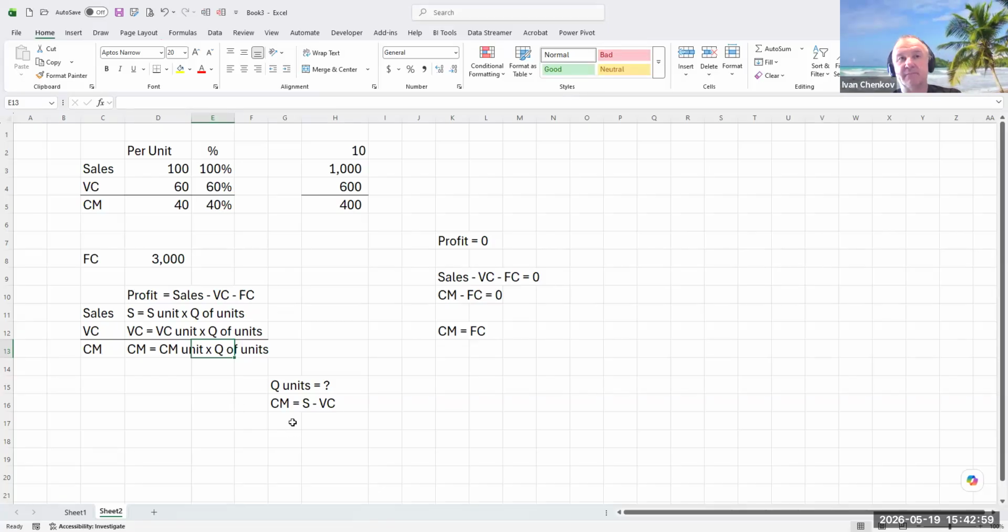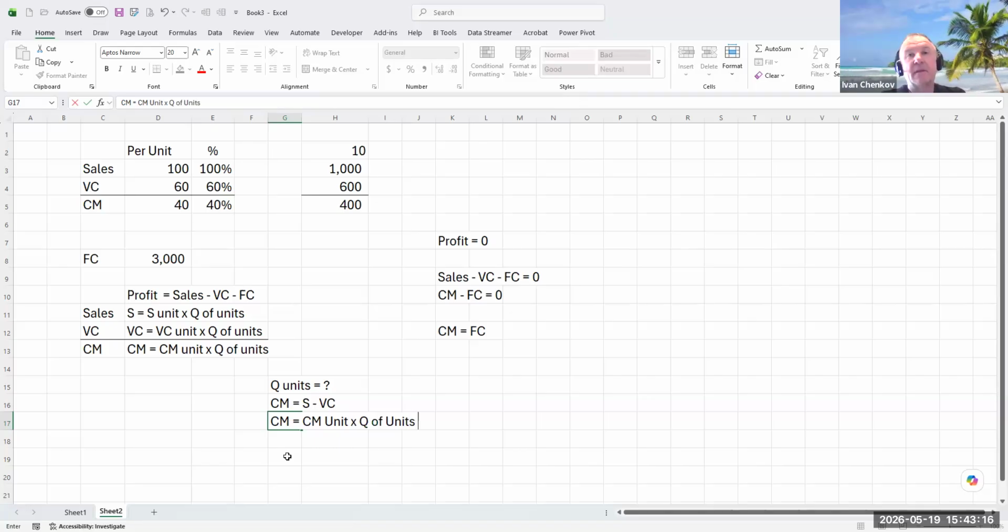Make sense? So if I know that contribution margin is equal to contribution margin per unit times the number of units that I'm selling, I can substitute it in this formula. How is the formula now going to look?